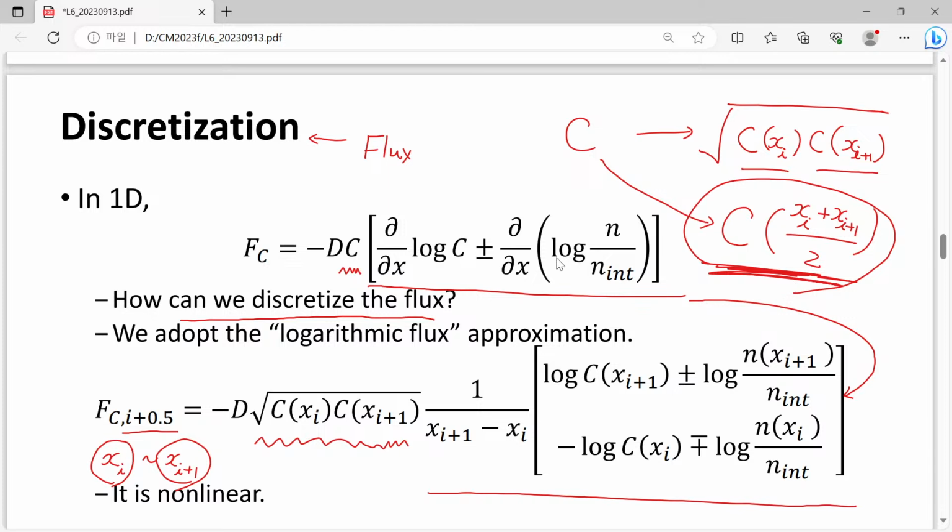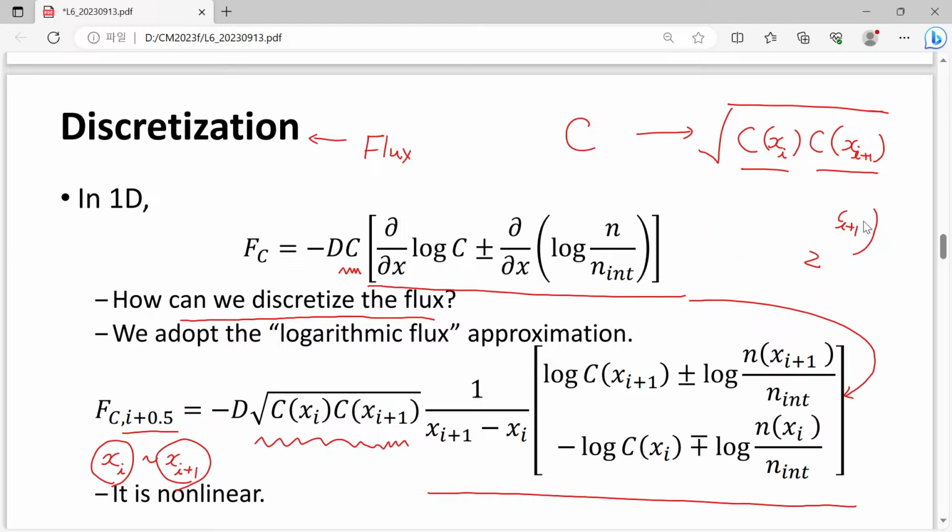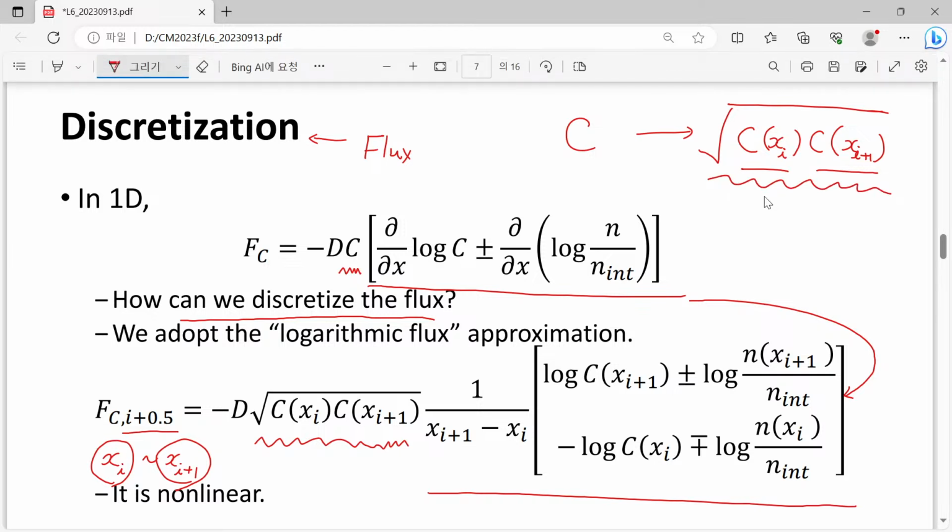We must make a clever guess on this midpoint quantity. So in this case, now we take just this form. Simply speaking, it means that C is changing exponentially. If C is changing linearly, then maybe a better idea would be the average of C at xi and C at xi plus 1.